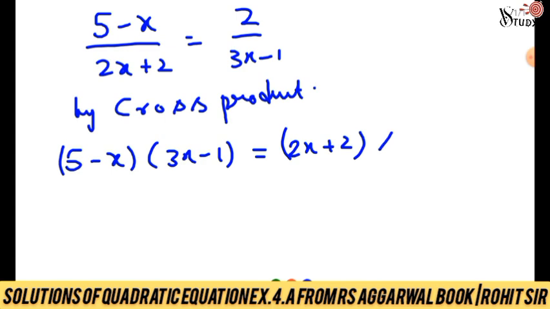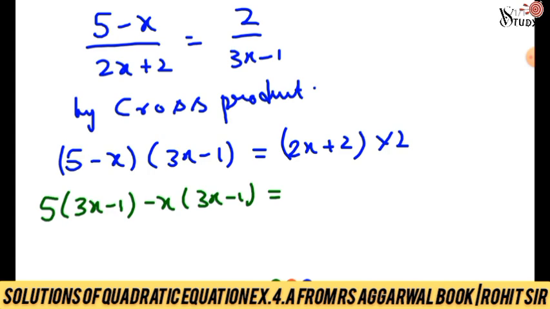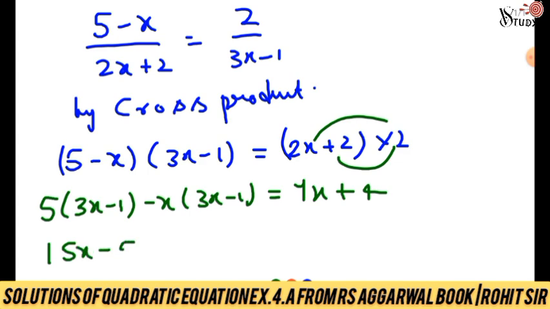After multiplying, we have 5 multiplied by 3x minus 1 and negative x multiplied by 3x minus 1 is equal to, and this 2 multiplies here and here, we have 4x plus 4. Now we have 15x minus 5. Now we have negative 3x square and positive x is equal to 4x plus 4.